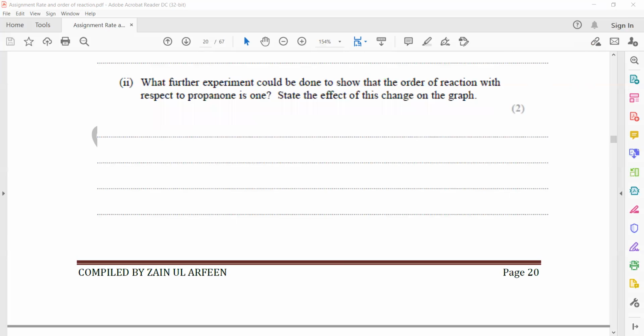How can we identify that it is first order with respect to propanol? We can change the concentration of propanol.